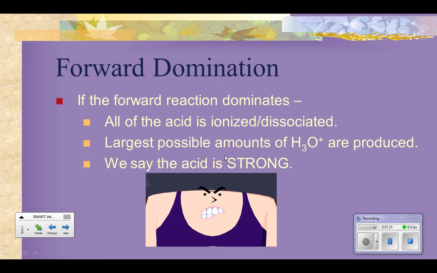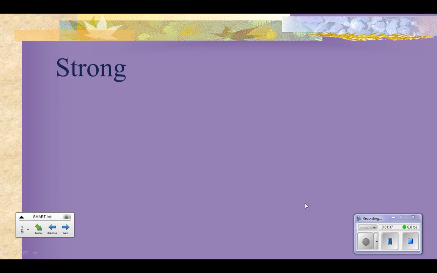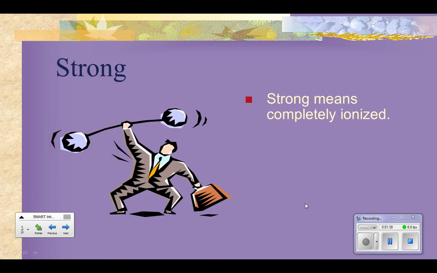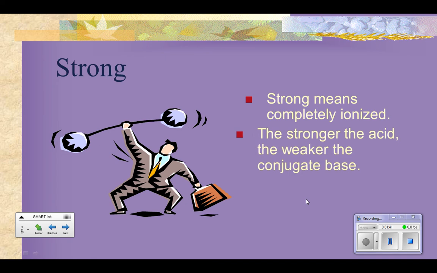Notice that strong simply means completely ionized. Strong means completely ionized. That's all it means. It's not about how much it burns. It's not about concentration. It is about whether or not it is completely ionized. Okay, so strong meaning completely ionized.